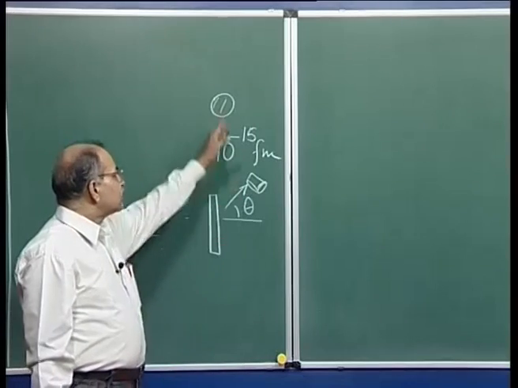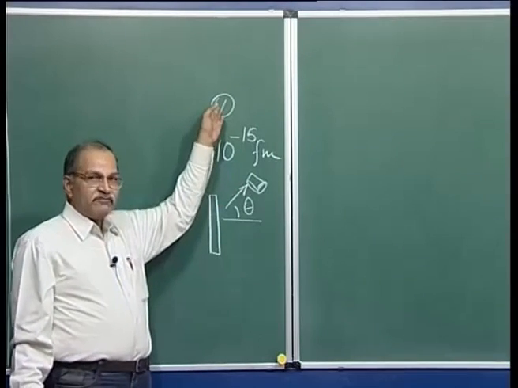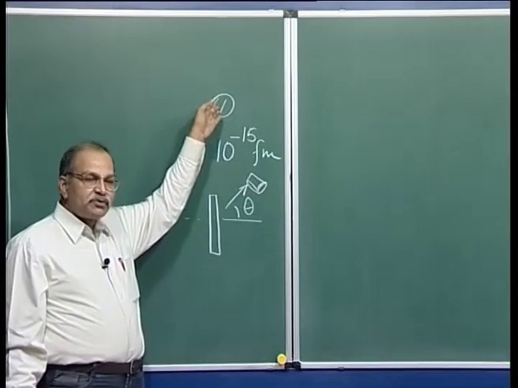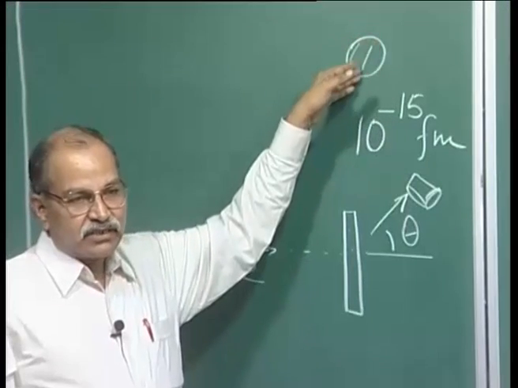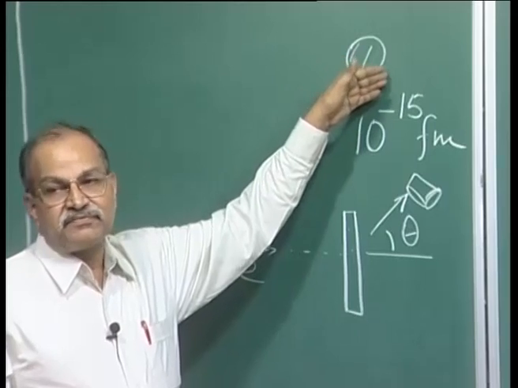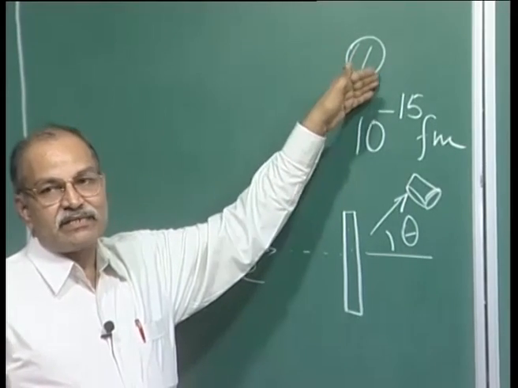Not only an estimate of the radius, you can also derive the charge distribution inside this nucleus, how the charge varies as a function of distance from the center, let us say.